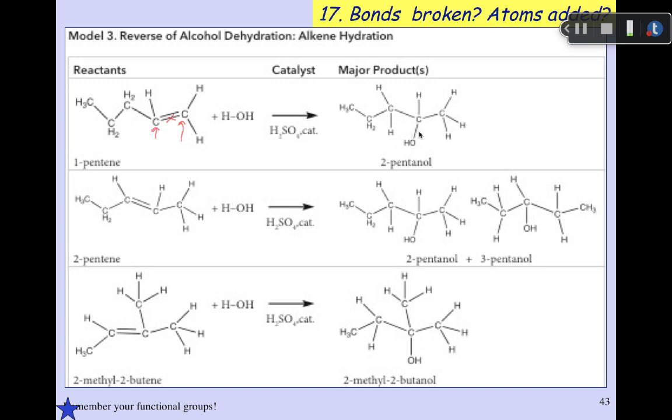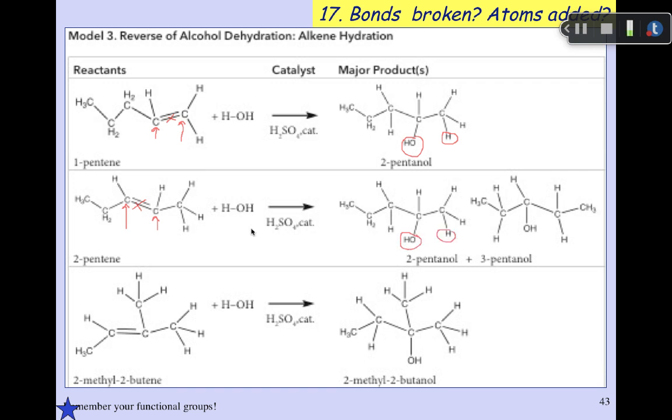In the first example, you're putting on the OH and the hydrogen on adjacent carbons to make the alkene into an alcohol. The second example, and these should be very familiar from previous activity, is again breaking the double bond and adding the hydrogen and the OH to make an alcohol.